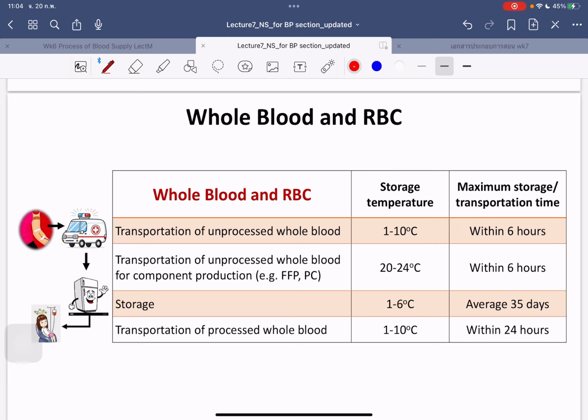For the FFP, 1 year of storage is at minus 18 degrees Celsius, and for long-term storage at minus 65 degrees Celsius. For this slide, I would like you to know that platelets are transported or stored at 20 to 24 degrees Celsius, but FFP is at minus 80 degrees Celsius for 1 year and minus 65 degrees Celsius for a long time.